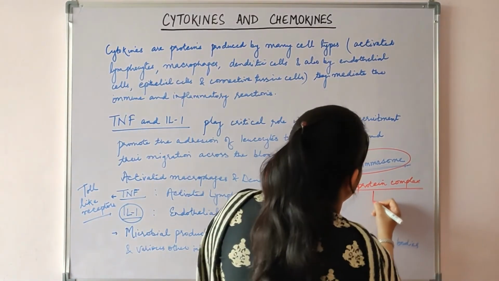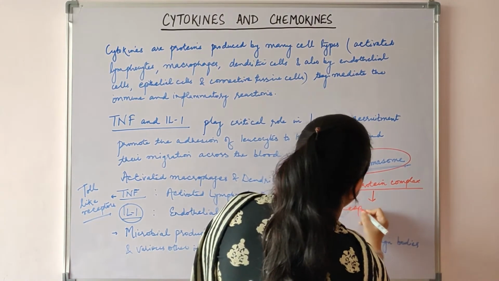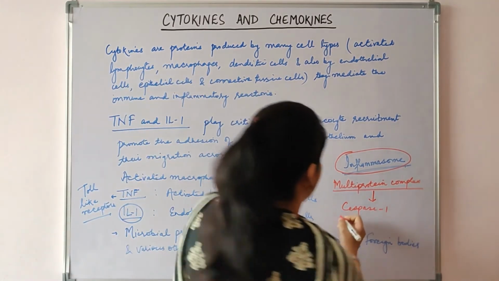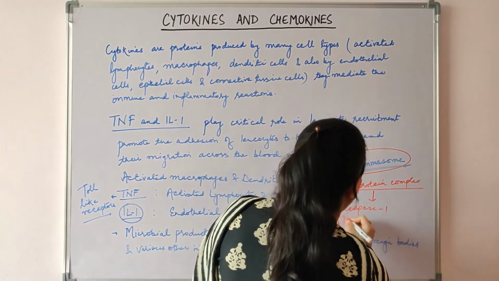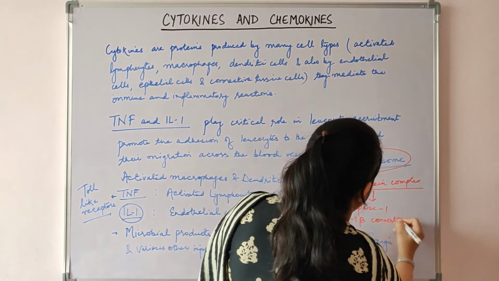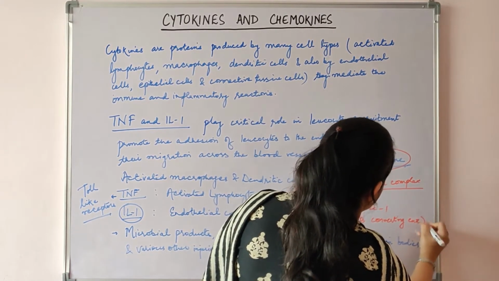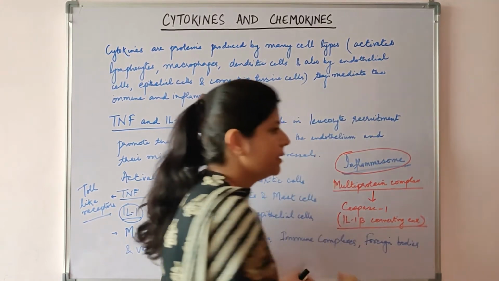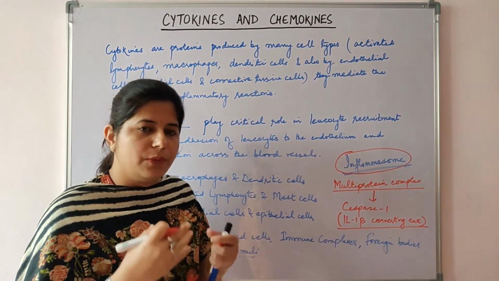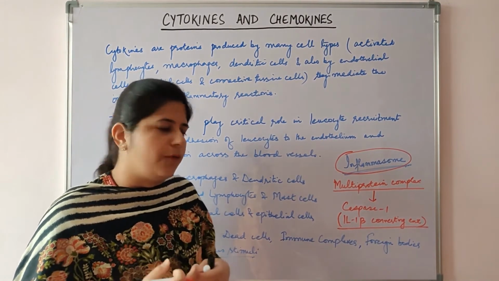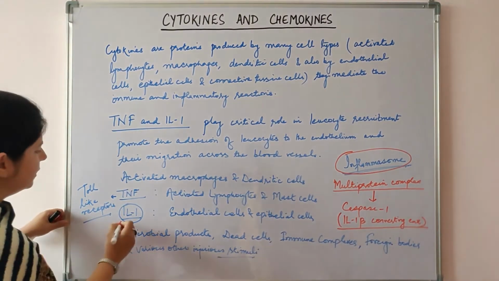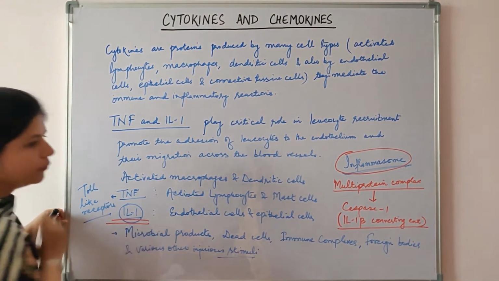Now this activates caspase 1. Now what is caspase 1? It is interleukin 1 beta converting enzyme. Now this converts the interleukin 1, which is in the precursor form, to its biologically active form. So the role of inflammasome is there in the production of interleukin 1.